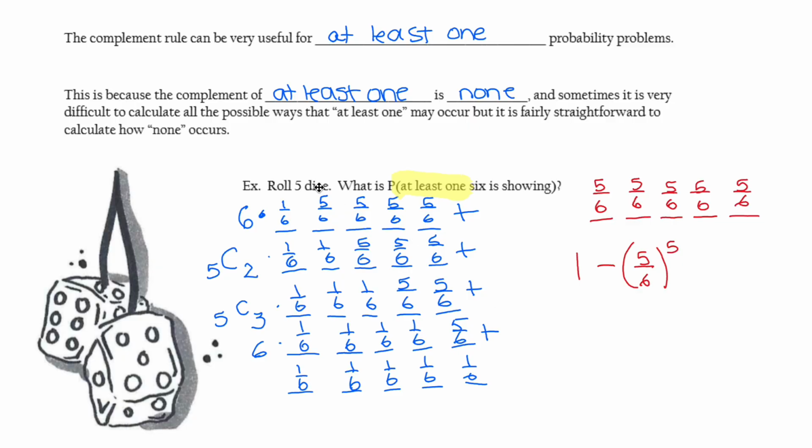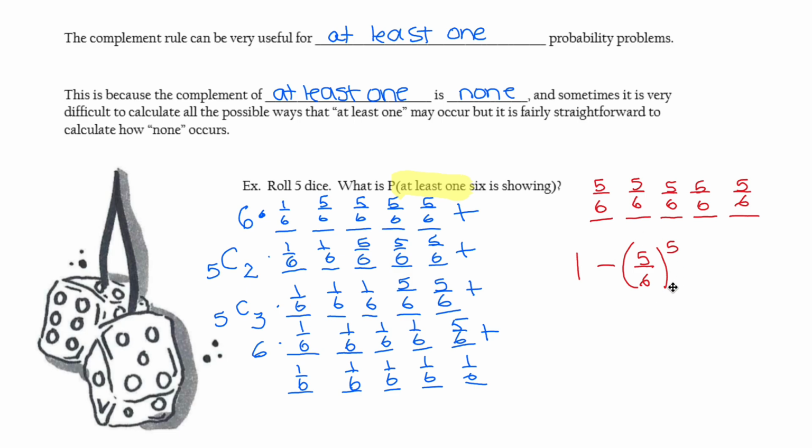Roll 5 dice. What is the probability that at least one 6 is showing? If you want to use the simple addition rule, you have to add a lot of terms, which is pretty tedious. The simpler way will be 1 minus 5 out of 6 to the 5th power. How do I get this quantity right here?